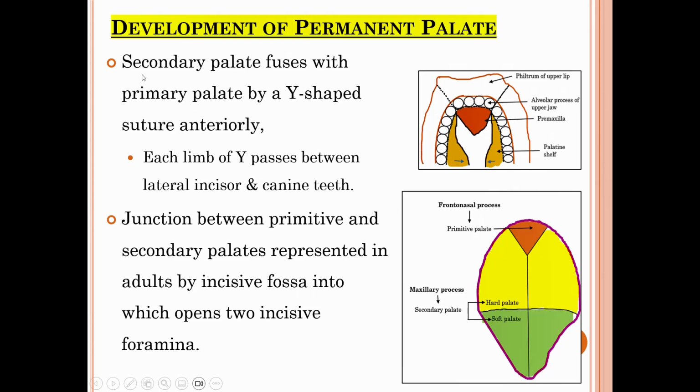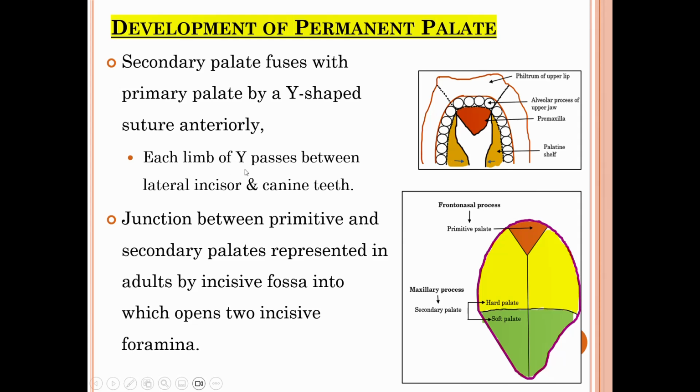Now you see here the secondary palate is this one, which is coming from the maxillary process. Here the secondary palate came, and it has formed the hard palate and soft palate. Now a Y-shaped suture is present between the primary palate and the secondary palate.